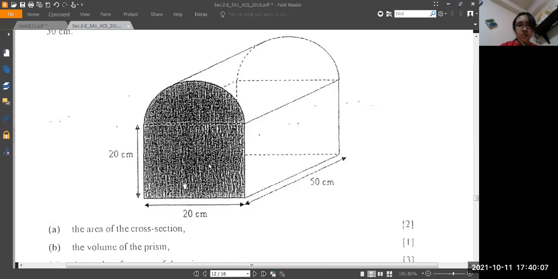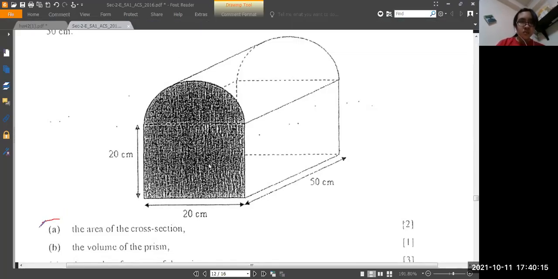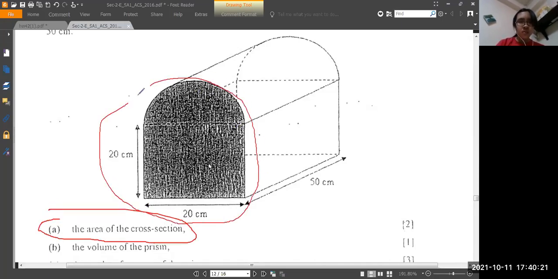Okay, what is the area of this thing? Question 1 only. A. So area of this, let me just this part. How do you do this part? Similar to the question I gave you. The one I gave you, composite figure, the last question, it has one more triangle. This one, just the semicircle itself, and the square.